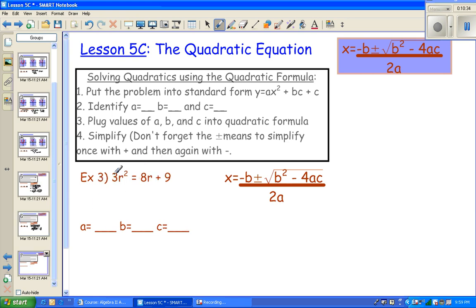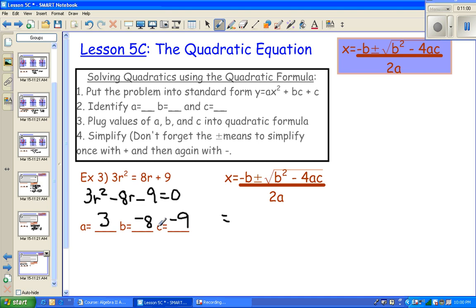Alright, last example. This is not in standard form, so you want to first make sure you put it in standard form. 3r squared minus 8r minus 9 equals 0. So our a value is 3, b value is negative 8, c value is negative 9.